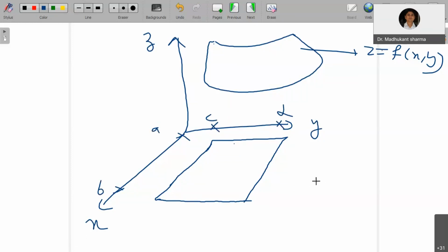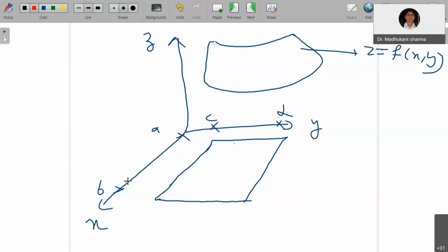Okay, now how to identify the volume of the surface is as follows. So we are again going to apply the Riemann approach here. First, what you will do is partition both directions.